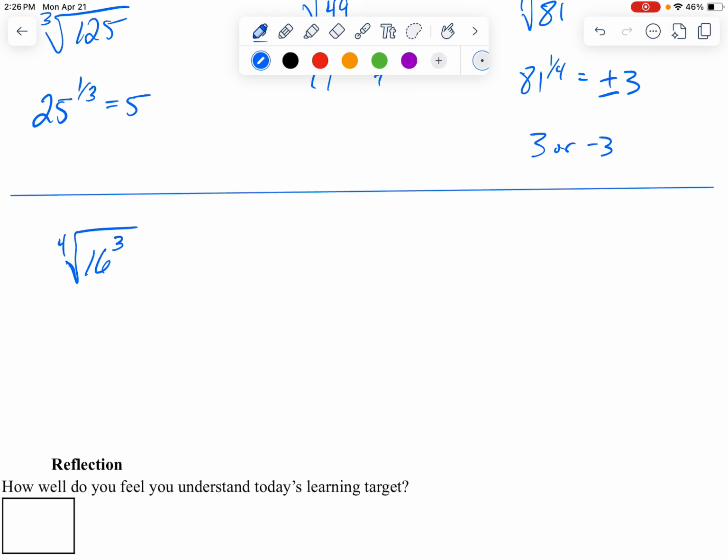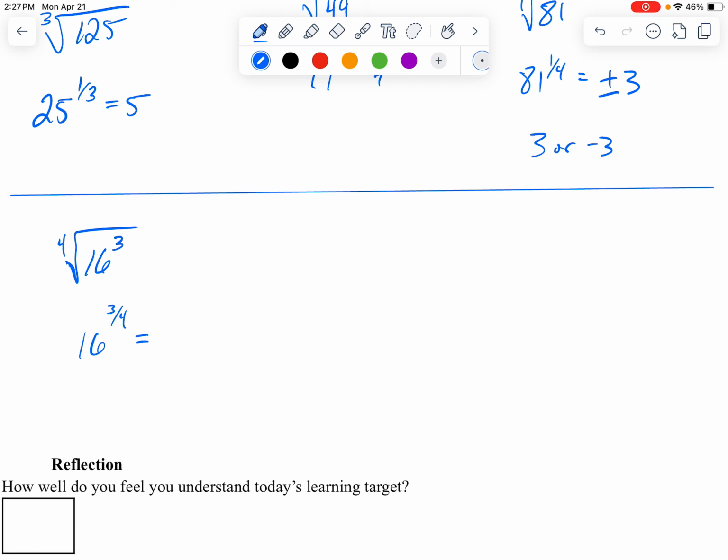But we can rewrite this as a combination of powers and roots as 16 to the 3/4 power, which means, just like we say there, it's going to be raised to the third power, and then we're going to take the fourth root. And when we do this, if you punch this into your calculator, you're going to want to punch it in just that way.